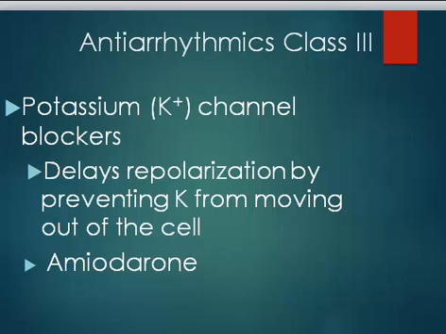And then we have potassium channel blockers. They delay repolarization by preventing potassium from moving out of the cell. Now, some of these drugs, such as amiodarone here, antiarrhythmics have a very narrow therapeutic index. You don't want to delay repolarization too much or slow things down too much, because then all of a sudden the heart isn't functioning as well, or it's not beating the way it should.